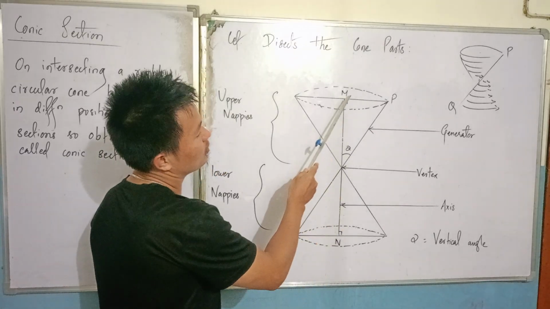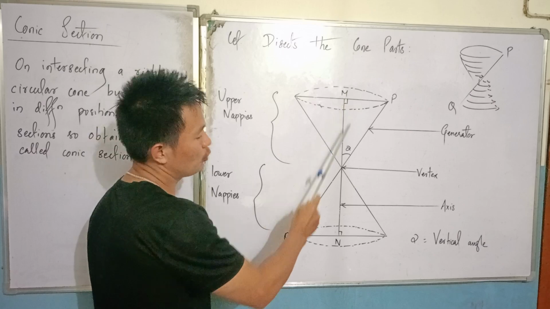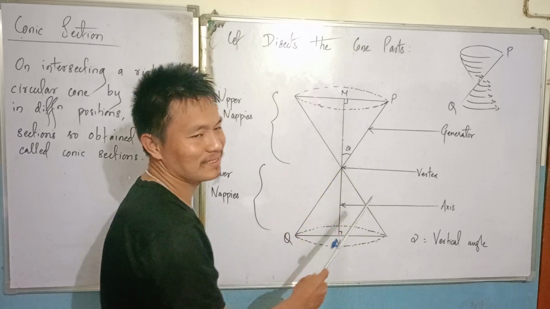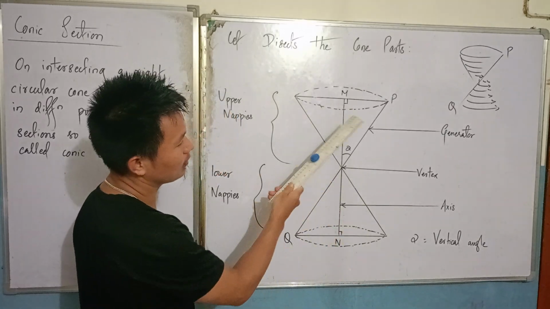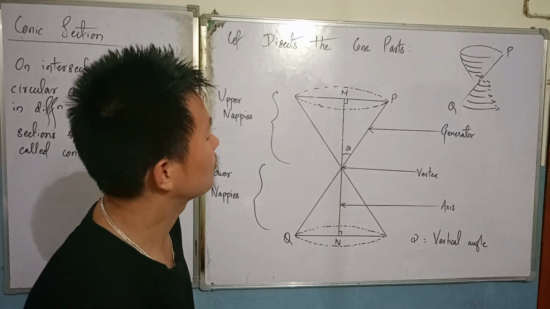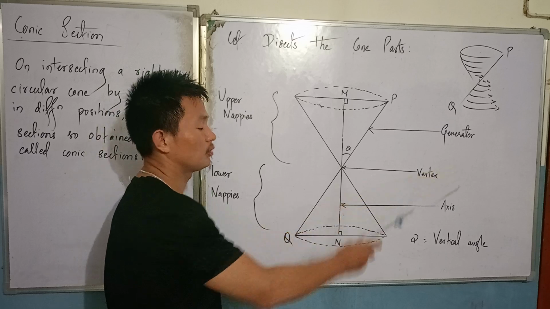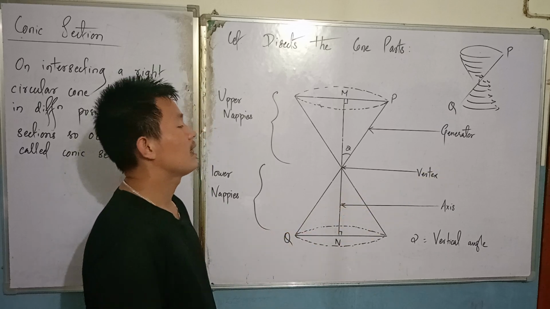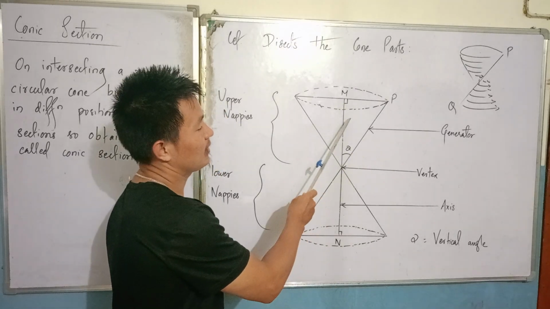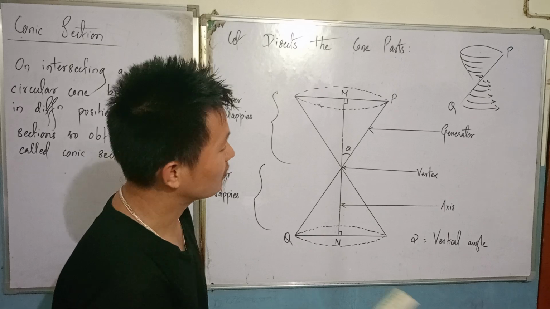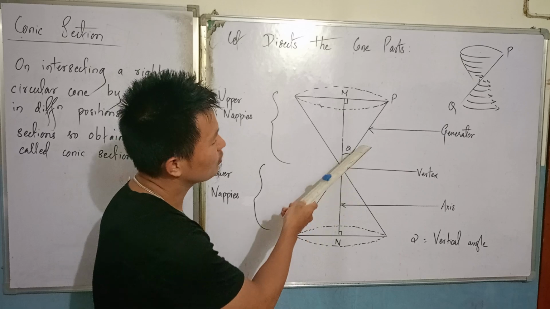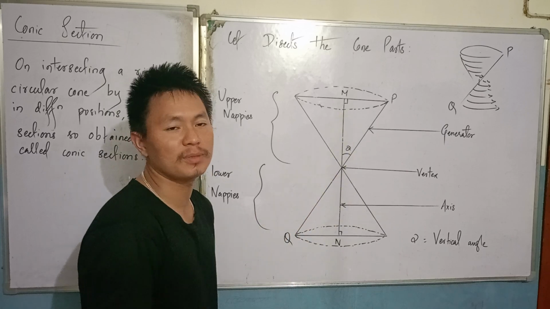The straight line perpendicular to the base and passing through the vertex is called the axis of the cone. Therefore M represents the axis of the cone. Now you know the vertex. And what about this alpha? This is the angle between the generator and the axis of the cone. So alpha denotes the vertical angle. Vertical angle means the angle between the generator and the axis of the cone.